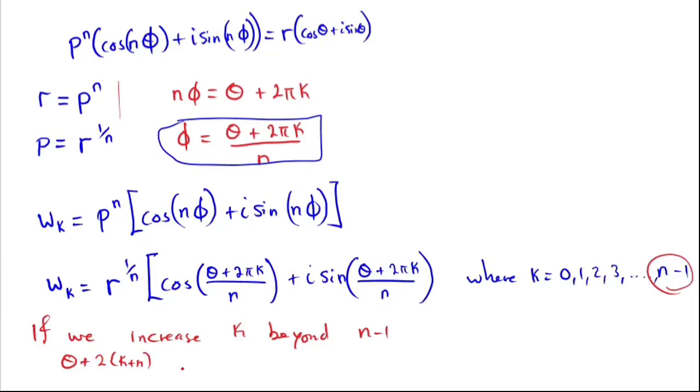Because remember, we increase it beyond n minus 1. Now this is multiplying pi and divided by n.